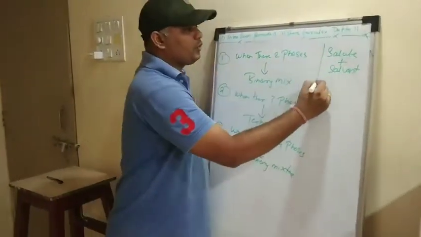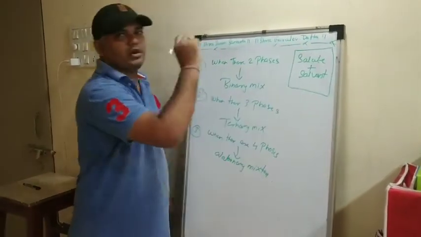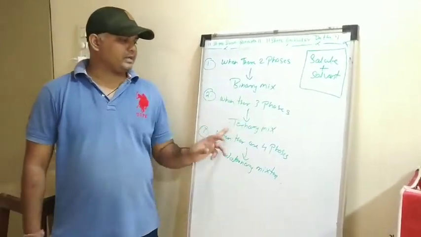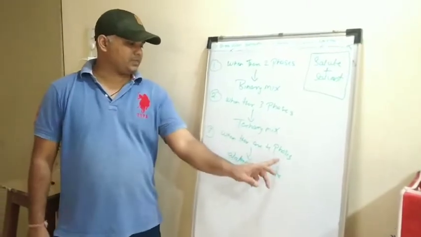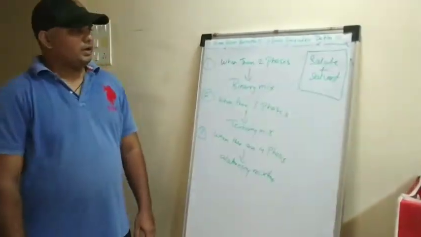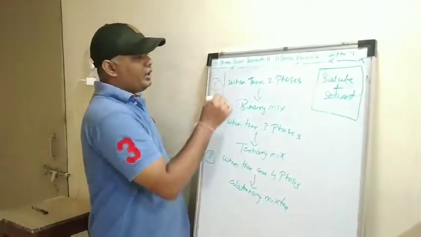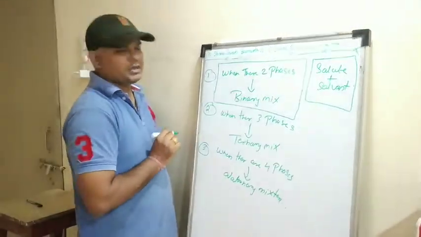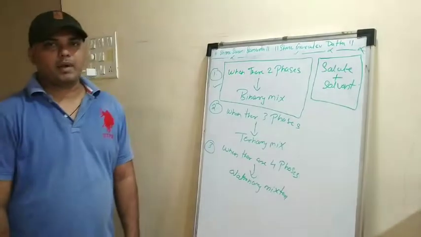See, whenever there are two phases, that is solute and solvent, it is said to be a binary mixture. Whenever there are three phases, it is said to be a ternary mixture. Four phases, it is said to be a quaternary mixture. Now remember that we are only going to focus on binary mixtures, right? Our chapter will be totally based on the binary mixtures.